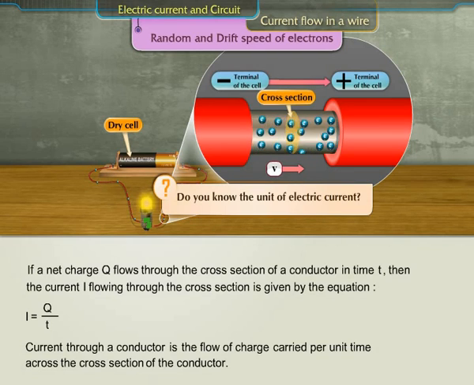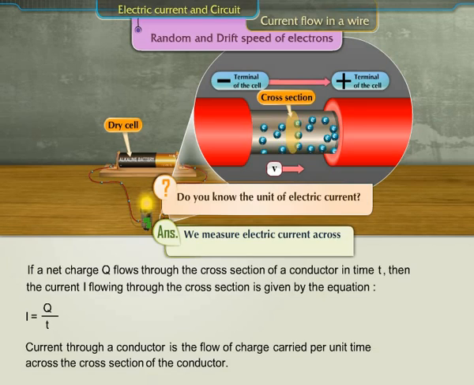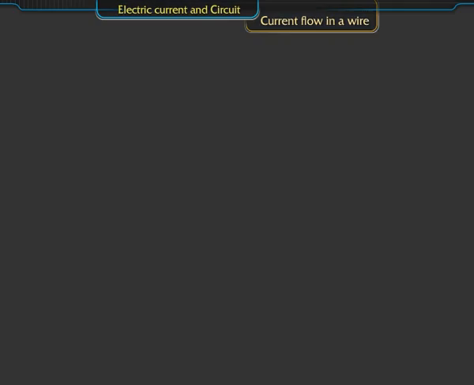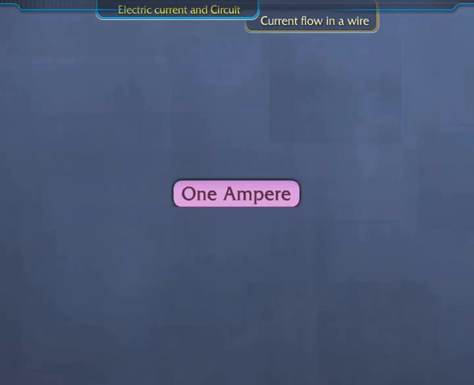Do you know in which unit we measure the magnitude of electric current? We measure the magnitude of electric current across a conductor in ampere.